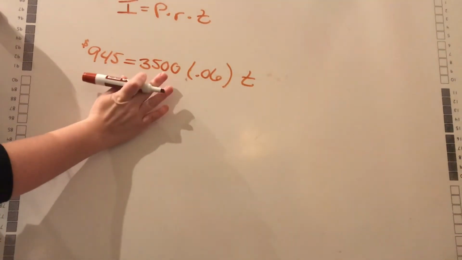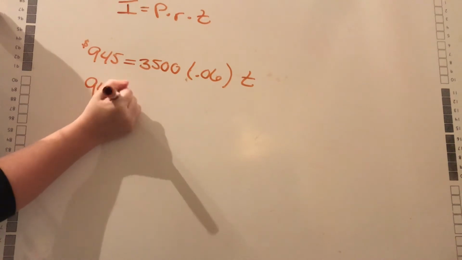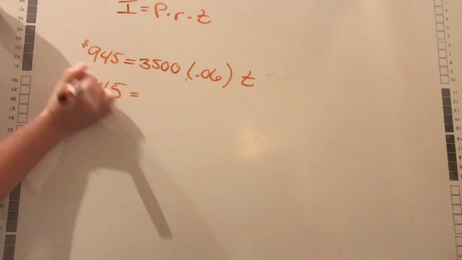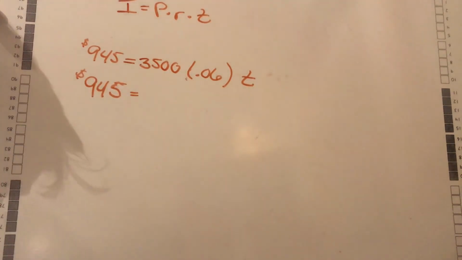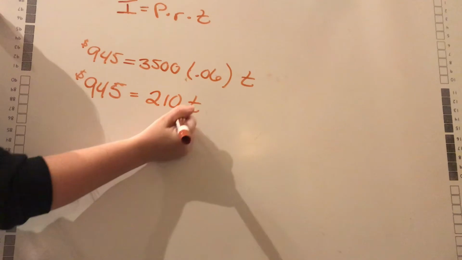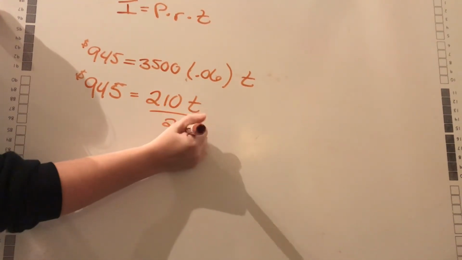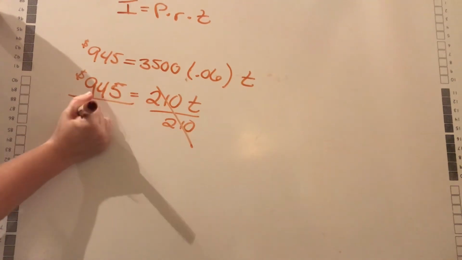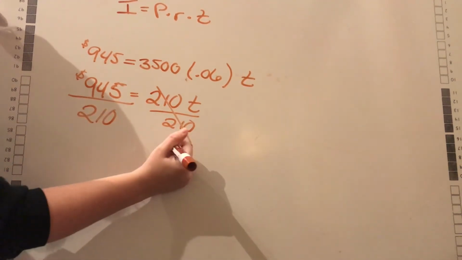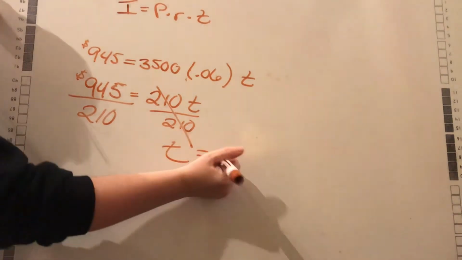So the first thing we're going to do is multiply 3,500 by 0.06. And what do we get for that? We get 210. And then we still want T by itself, so divide each side by 210, and T equals 4.5.